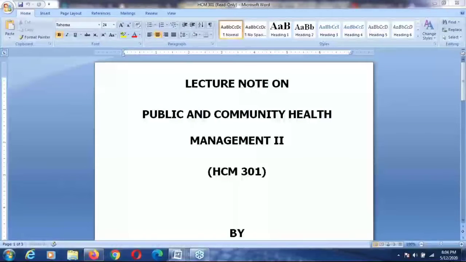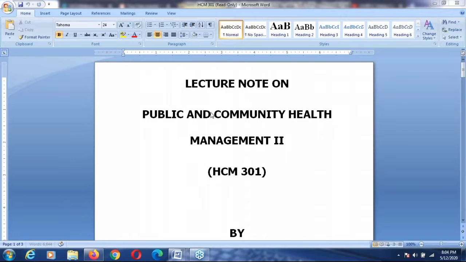Tonight, we're going to quickly look at the factors involved in determination of inventory control. First of all, I want us to look at some basic questions that will come to mind when determining inventory policy.